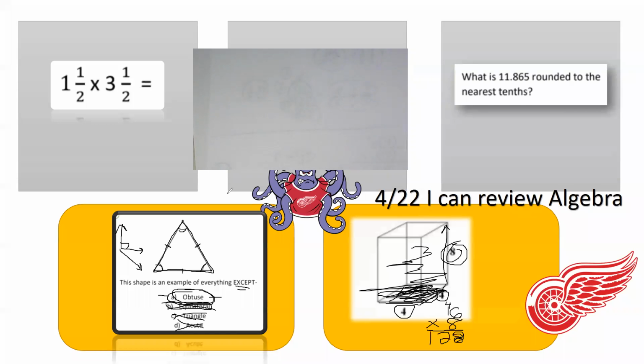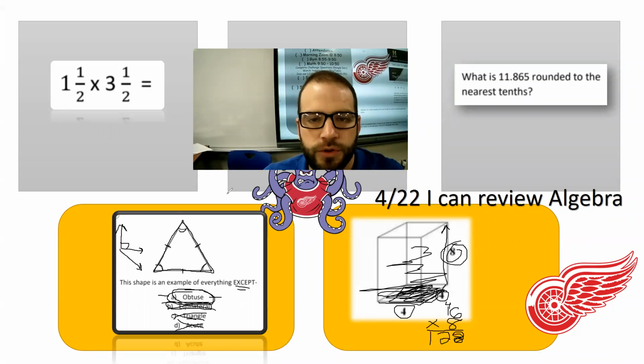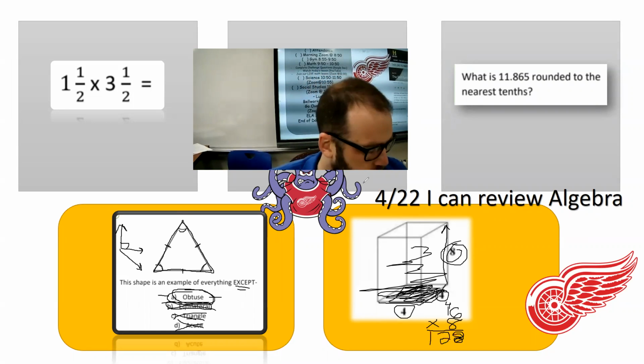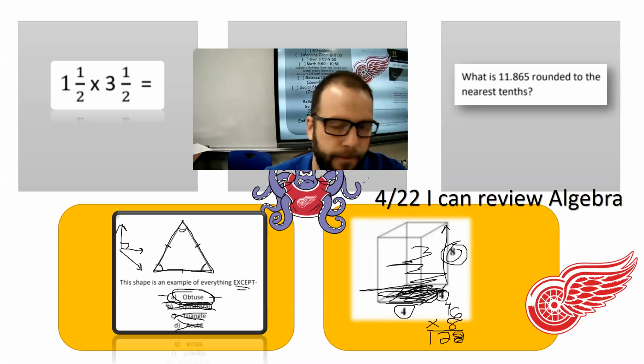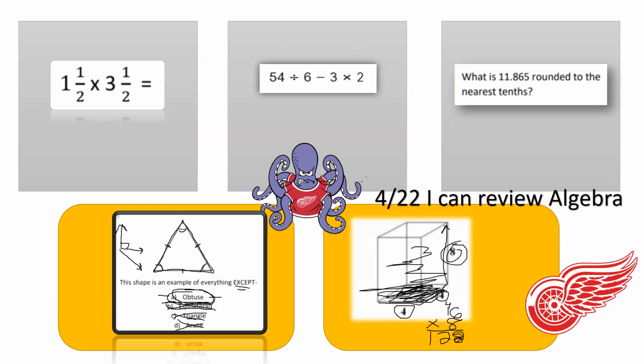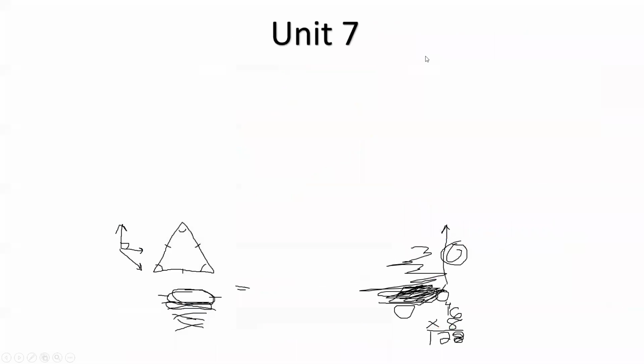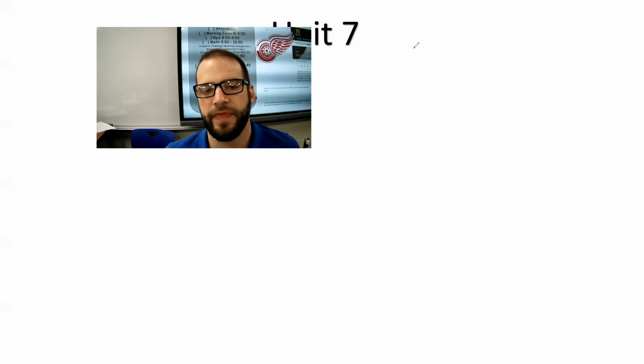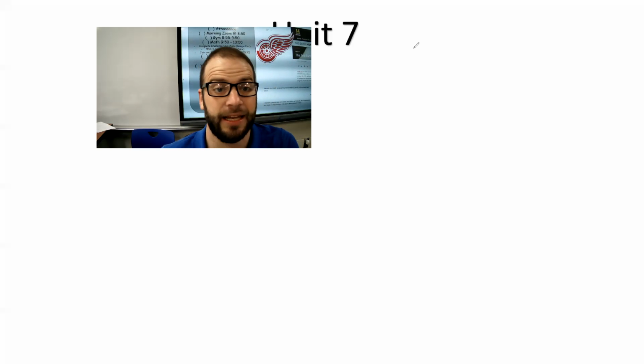All right, so that concludes going over our challenge questions. Now, let's look at today's assignment, shall we? All right, we are going back into Unit 7. Remember, I told you guys that I wanted to get you exposed to all the 5th grade material before the M step, which I did.